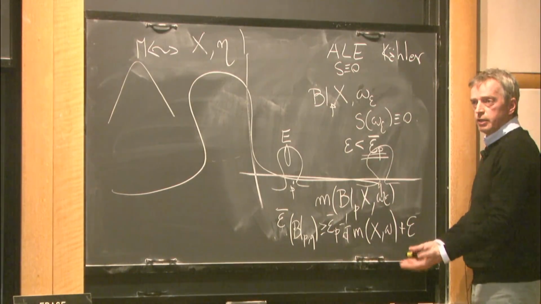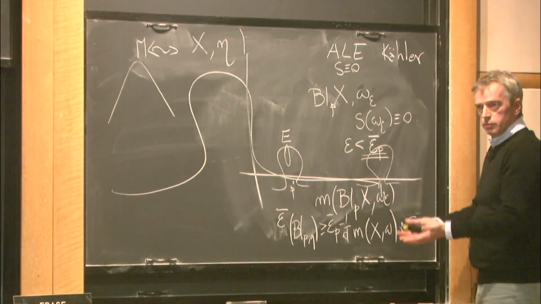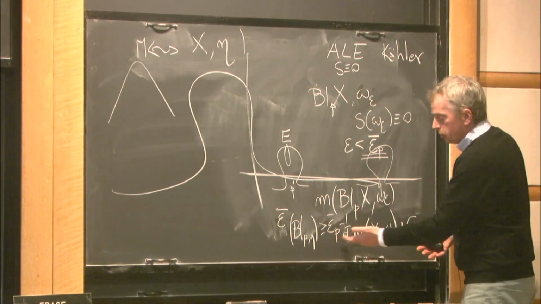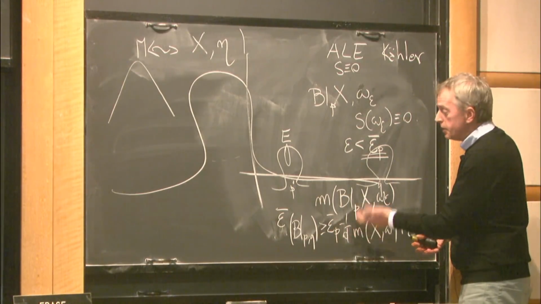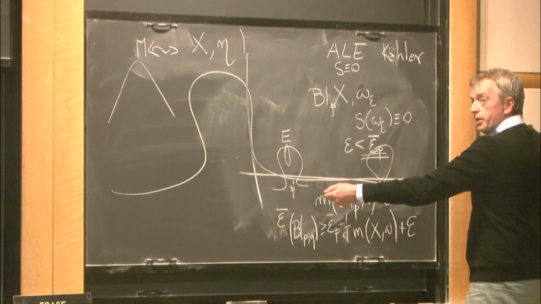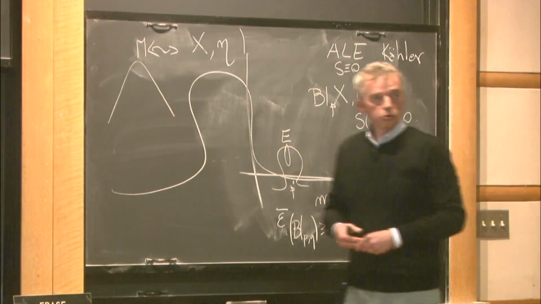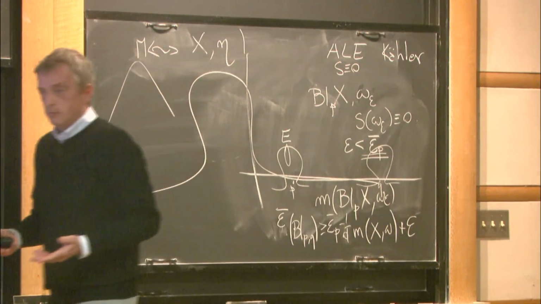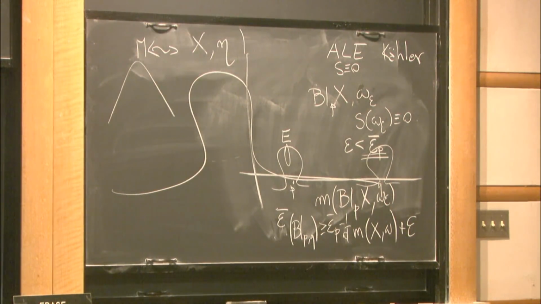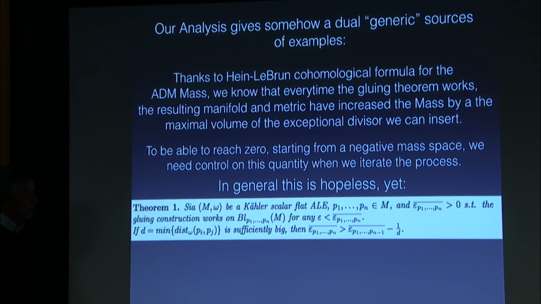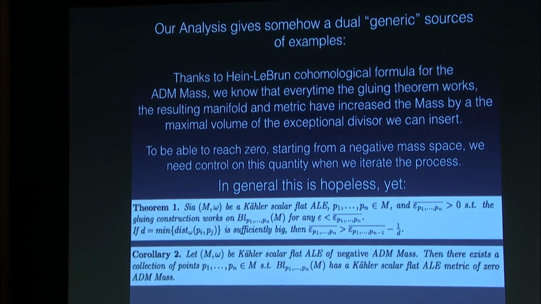I increase it by something, and I can control how much. So if the distance between these points is sufficiently big, I can make it 0, for example. I can actually make it even a bit positive if I want. Unfortunately, the statement is not very friendly, but the moral is on the blackboard.